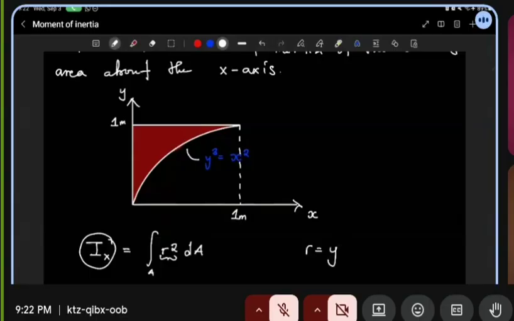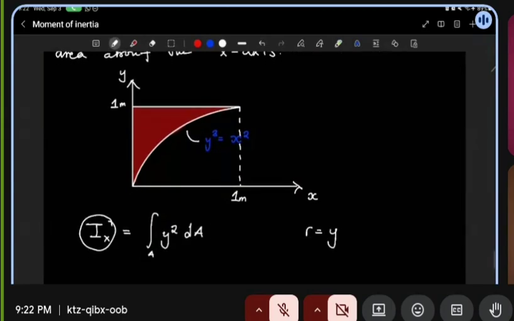That is why mostly you have a formula with y squared if you're getting the moment of inertia about the x-axis, and x squared if you're getting it about the y-axis. Sorry, I was swapping them there.